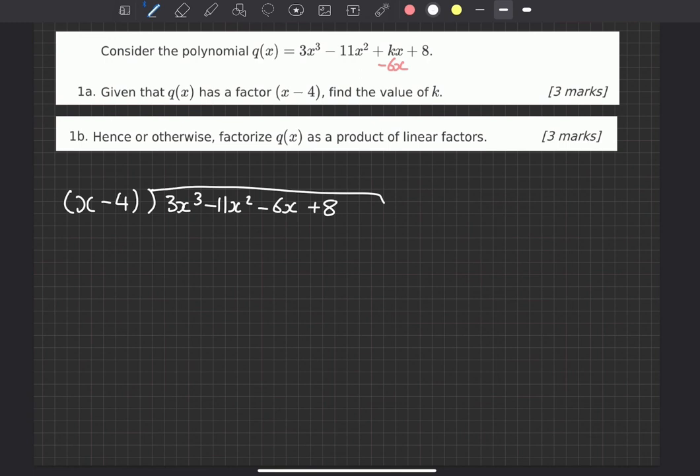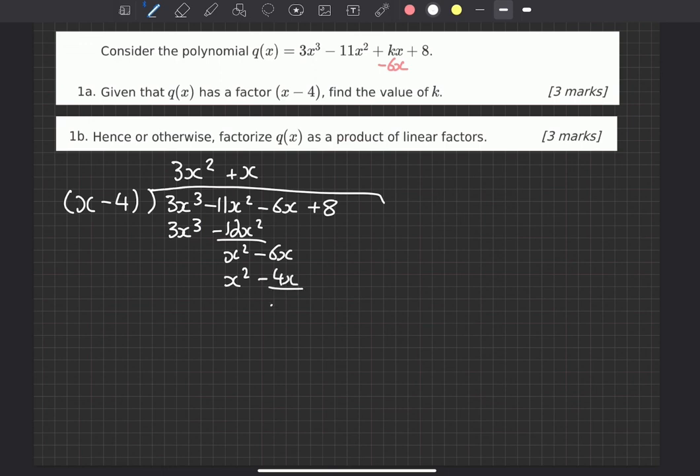Again, 3x cubed divided by x would be 3x squared. Multiply this by the whole polynomial, and you have 3x cubed minus 12x squared. Subtract, so then you get x squared minus 6x. Divide again, so that's plus x. x squared minus 4x.